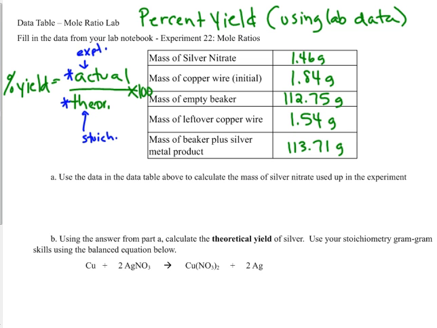So the first question here guides us in this process and how to do this. The first thing we're going to do is figure out the theoretical yield of silver using stoichiometry. So in order to figure out how much silver we should have made, we have to have a number to start with.